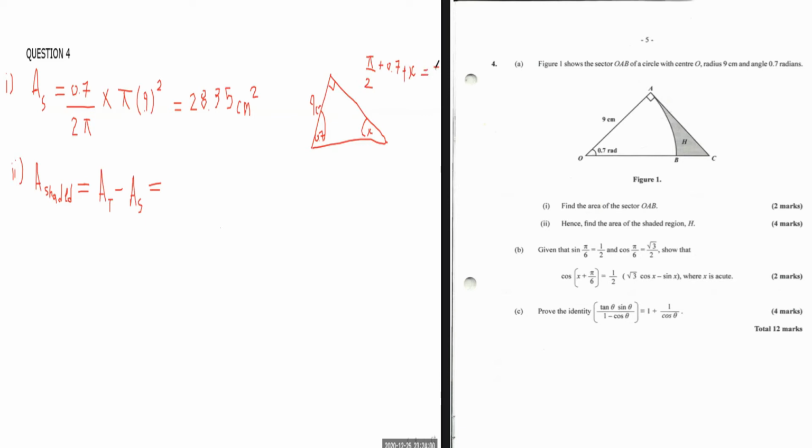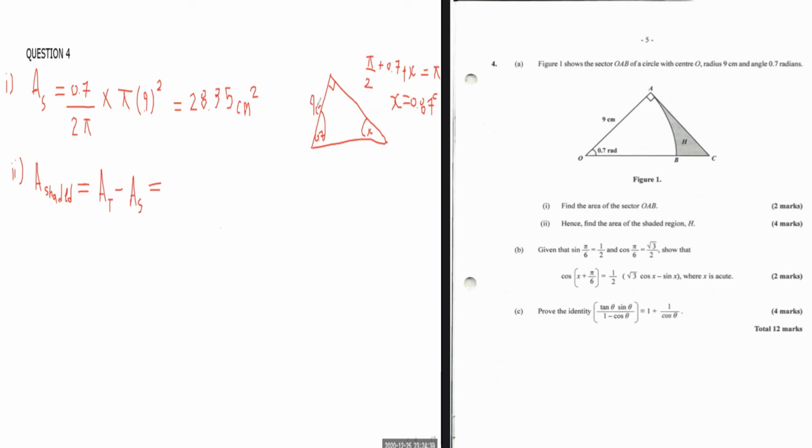So x is going to be equal to pi minus pi by 2, which is pi by 2, and then bring over the 0.7, and so this angle x is 0.87 radians. Now that this angle is 0.87 radians, we need to find the height, right?